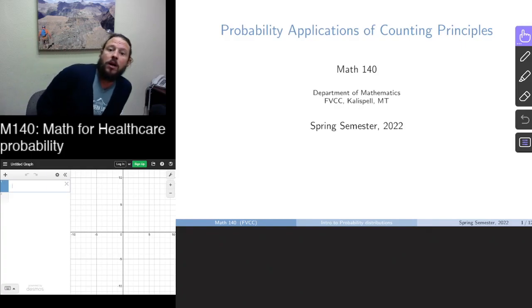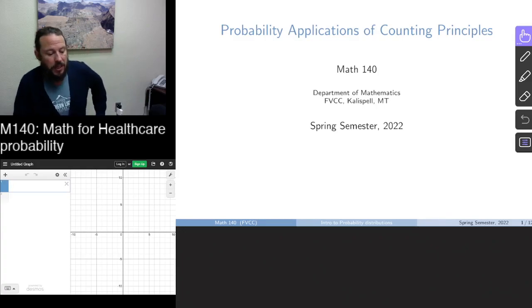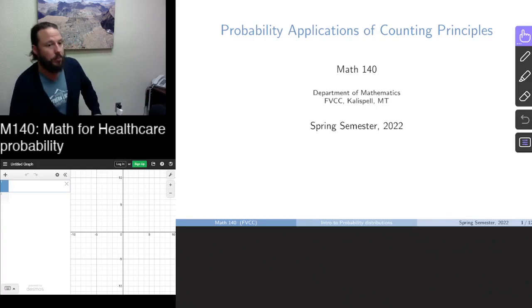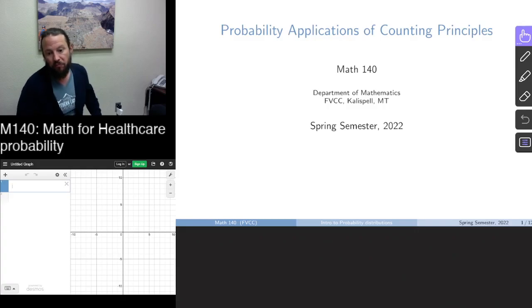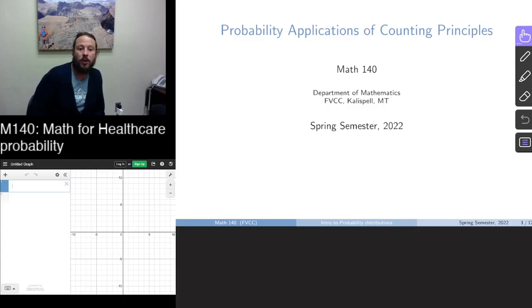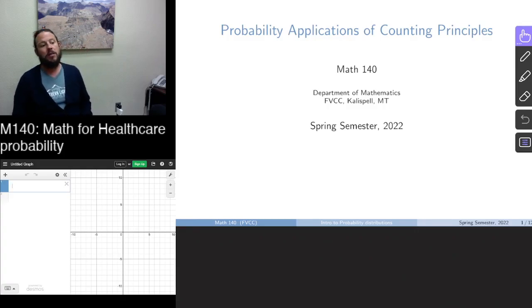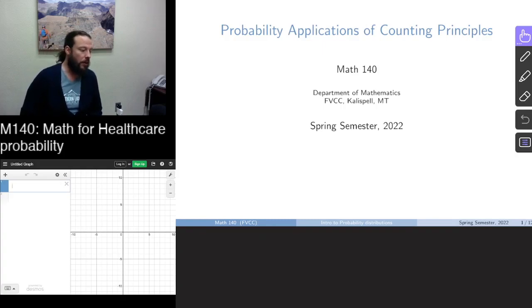So, we've been doing counting, and we're going to continue doing a little bit of counting, but here we're going to start looking at it in terms of probability. I want to remind us that the reason we look at probability is it's a way for us to measure against random events.